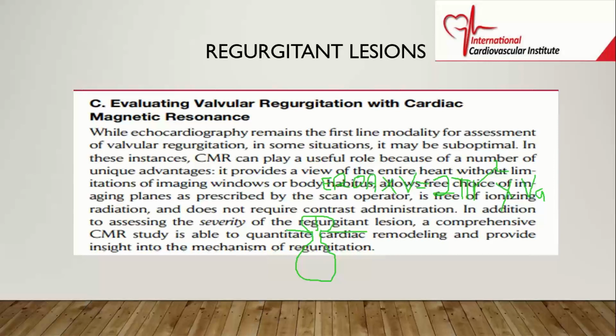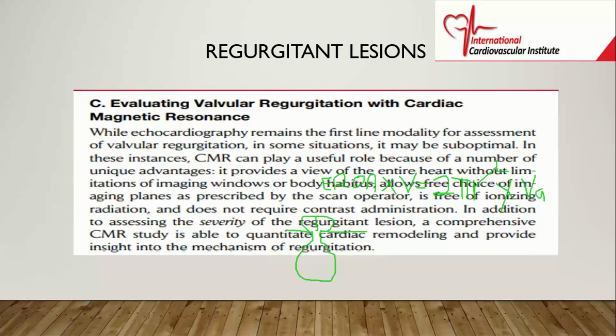The cardiac MR provides a view of the entire heart without limitations of imaging windows or body habitus, and allows free choice of imaging planes as prescribed by the scan operator. It's free of ionizing radiation. It does not require contrast administration. In addition to assessing the severity of the regurgitant lesion, a comprehensive CMR study is able to quantitate cardiac remodeling and provide insight.